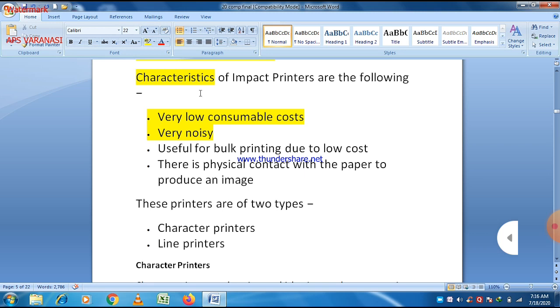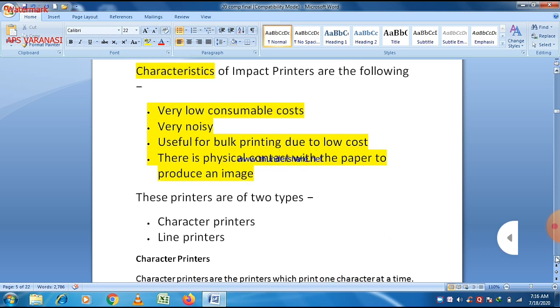So they are used basically for personal use, or if you want to print 10 or 20 papers for your personal use, you can easily use the impact printer because they are easy to use and very cheap.